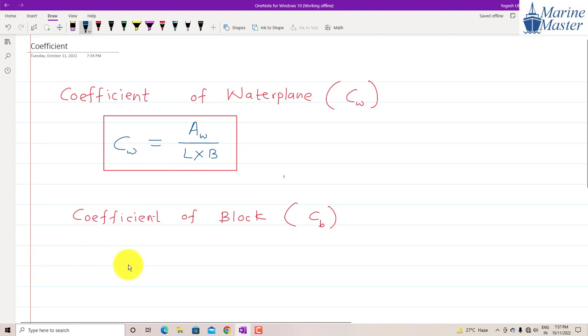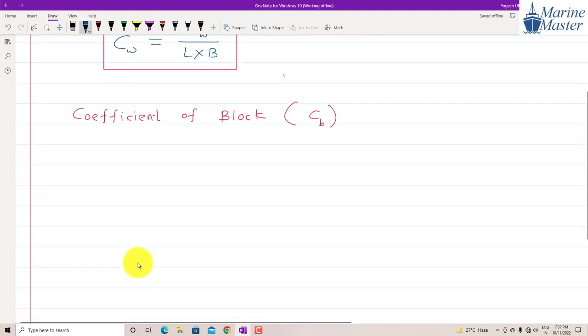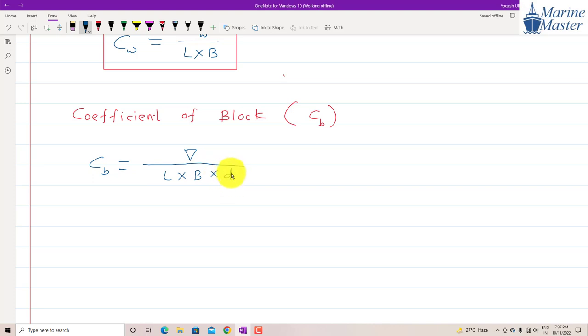What is the relation for block coefficient? CB will be equal to volume of water displaced, this symbol, divided by length of the ship, breadth of the ship, into D. D means draft. We have seen this also, guys, in the drawing.